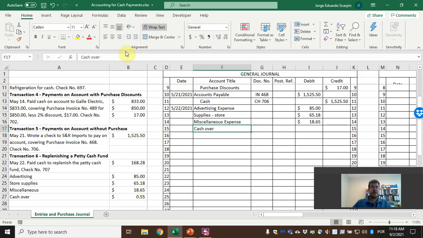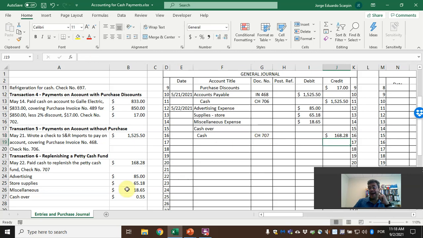Oh, I don't remember if it is debit or credit. Let's put it on hold. And cash. Cash, I know it is credit because we are paying it. And then check number 707. We are paying 168.28.